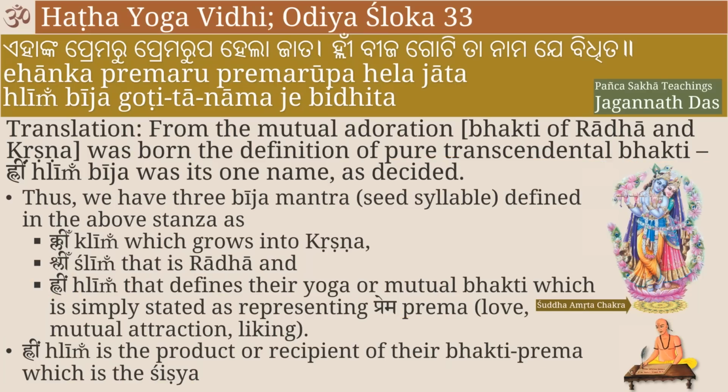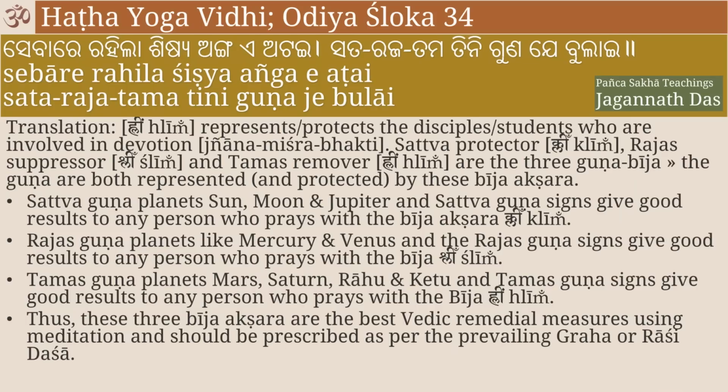Shloka 34. We have done 31, 32, 33, now 34. Sebare rahila, sishya anga e atai. Seba is actually Seva. Sevare rahila, sishya anga, the body of the sishya, he atai, it is known.